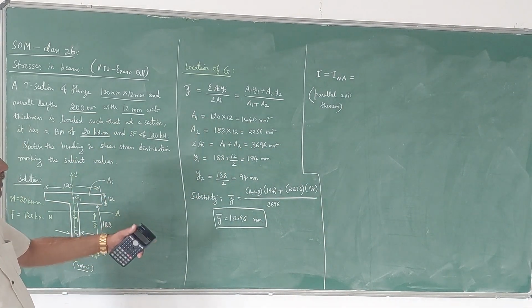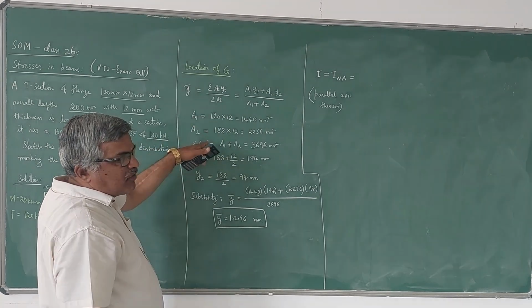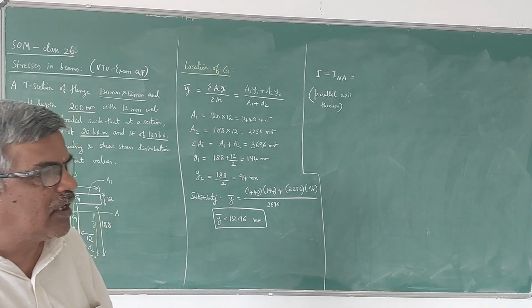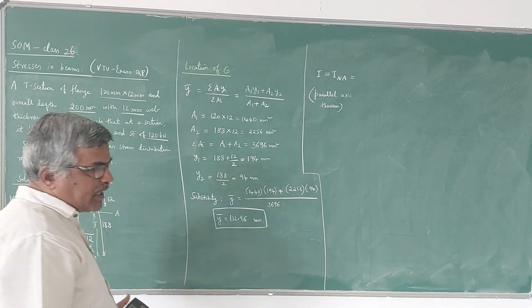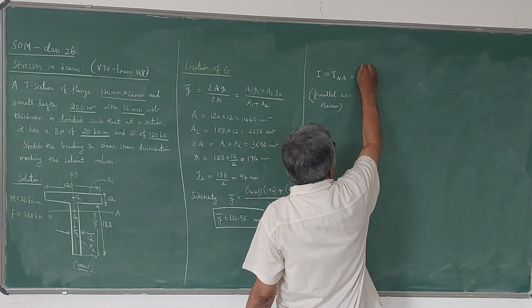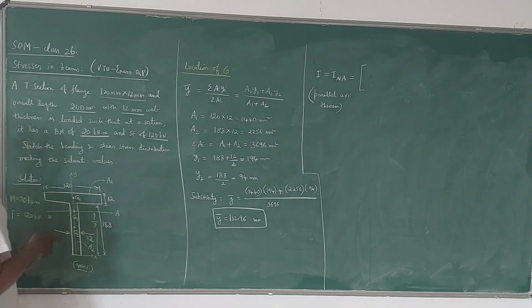For finding the moment of inertia, we need to use the two rectangles separately. According to the parallel axis theorem, first I will write the moment of inertia of the top rectangle, this one, that is A1, BD cube by 12 for this.